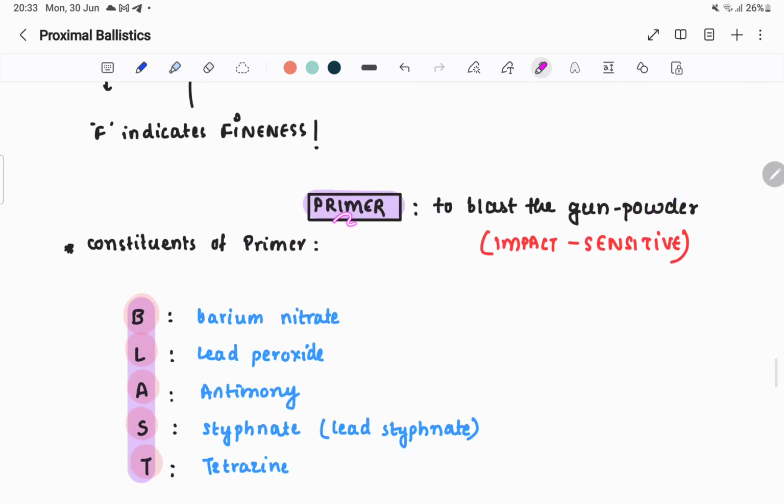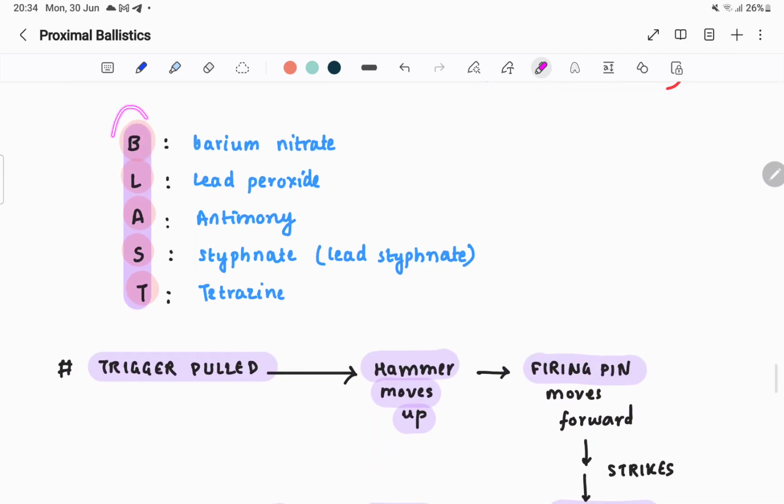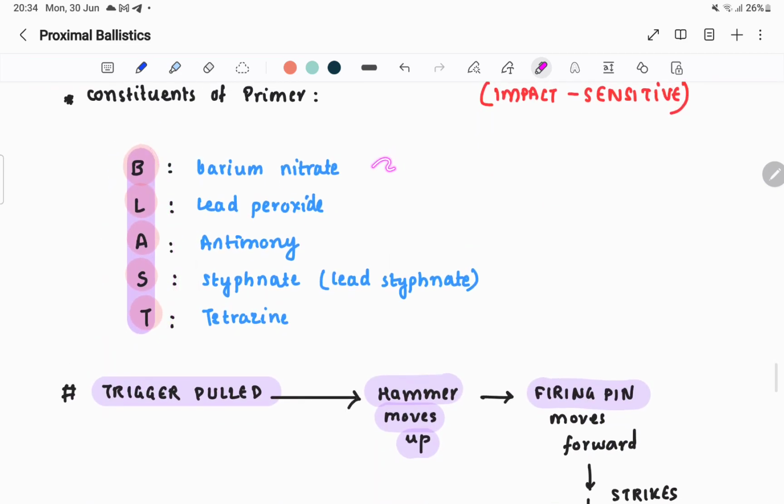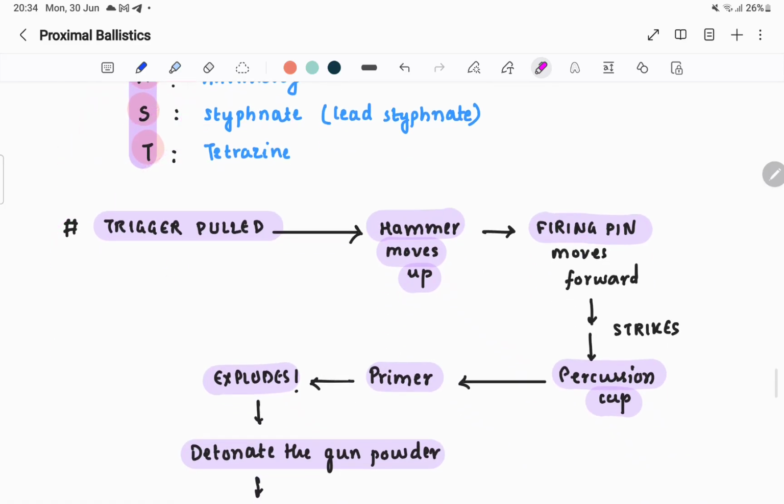Primer. I told you there is a primer to blast the gunpowder. It is impact sensitive, or shock sensitive. You can remember the constituents of primer by BLAST: barium nitrate, lead peroxide, antimony sulfide, styphnate, then tetrazene.